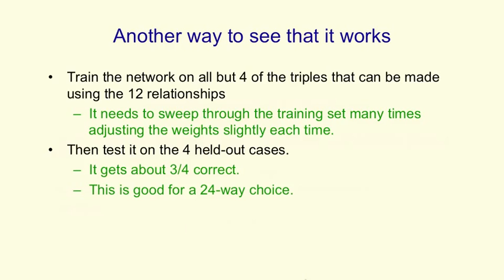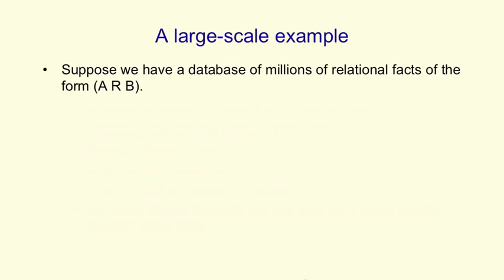If you train it on a much bigger data set, it can generalize from a much smaller fraction of the data. So if you have thousands and thousands of relationships, you only need to show it a small percentage before it can start guessing the other ones correctly. That research was done in the 1980s and was a way of showing that backpropagation could learn interesting features. And it was a toy example.